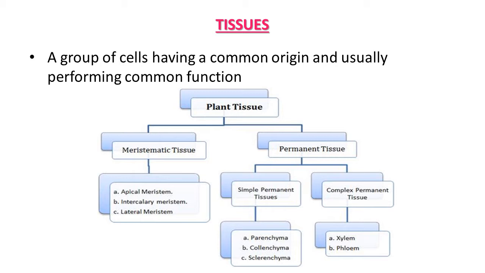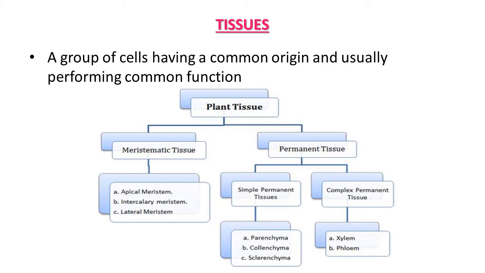Meristematic tissues have the ability to divide continuously. They are observed in the root tip, shoot tip and growing areas of the plant, and once these cells lose their ability to divide, they are converted into permanent tissue. Meristematic tissue has three types on the basis of location: apical, intercalary and lateral.